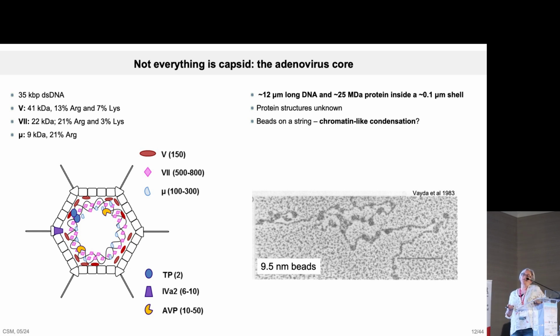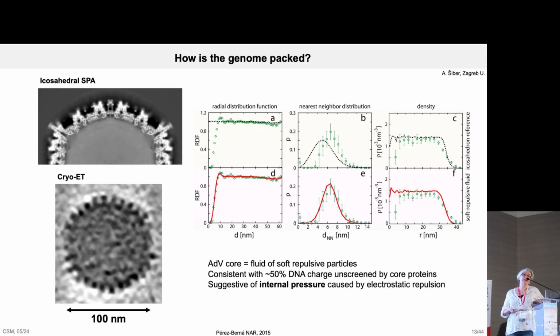Back in the 80s, there were some virus disruption studies followed by platinum shadowing EM, where they obtained these kind of images suggesting that this genome and these core proteins were organized in a way similar to nucleosomes in the cells. In single particle averaging with icosahedral symmetry imposed, we just don't see anything in the core, just flat, very level, right? Because it doesn't follow icosahedral symmetry.